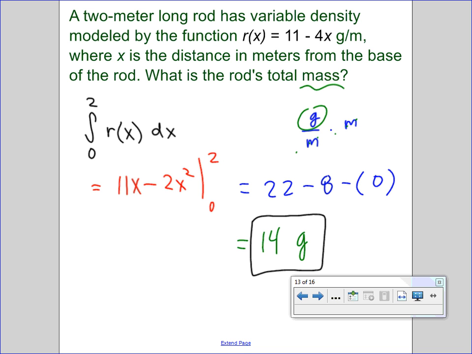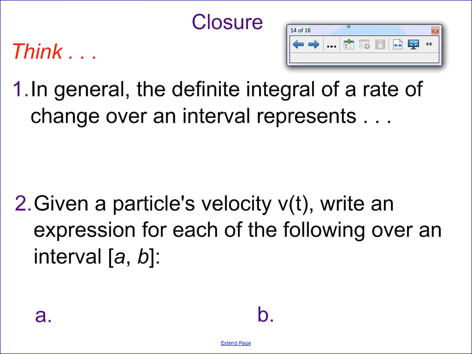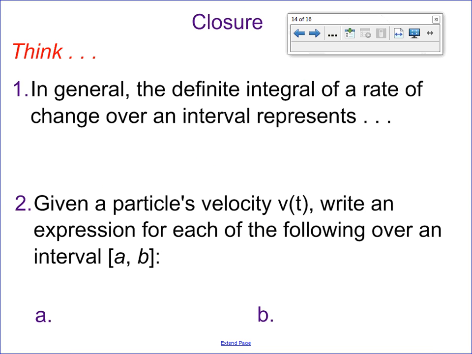So we've seen an assortment of applications of the definite integral, and we'll continue to see some more in Friday's class period. Again, you'll have some review time both today and next class. But let's close it up for today. In general, the definite integral of a rate of change over an interval represents... Given a particle's velocity v of t, write an expression for each of the following over an interval.